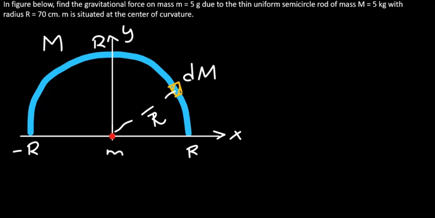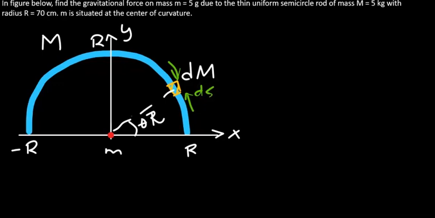For later application, let's assume the angular coordinate of that element is theta. Let's also take the linear length of that element to be ds, and assume that the two ends of that element make an angle d theta with respect to the origin.